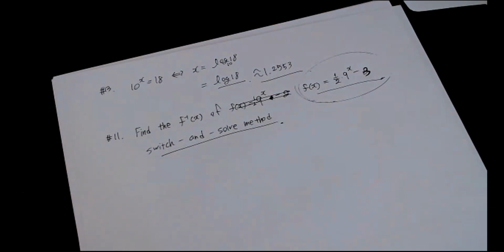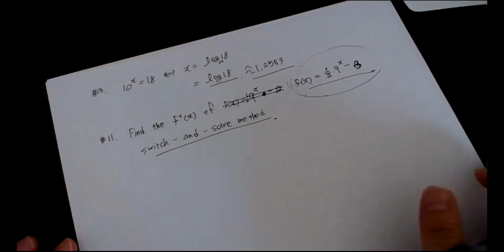It consists of 5 steps. Step 1, replace f of x by y, and then step 2, interchange x and y. Step 3, solve the equation for y. Step 4, replace y by f inverse. And the last step is to check domain and range, but normally we don't do the last step.